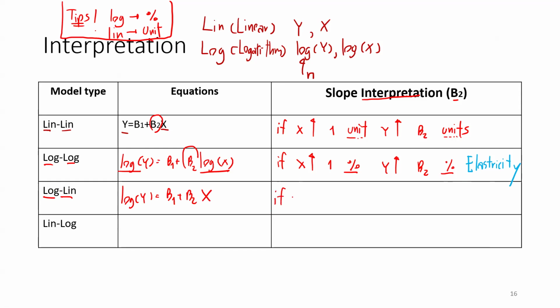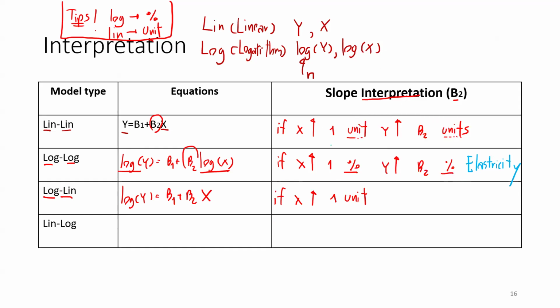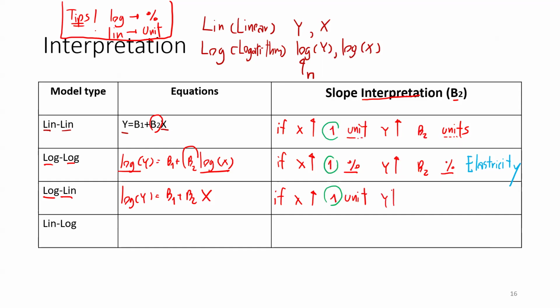Let's see all of the slope interpretations. If x increases by 1 unit, y will change beta 2%, because they have log, right?